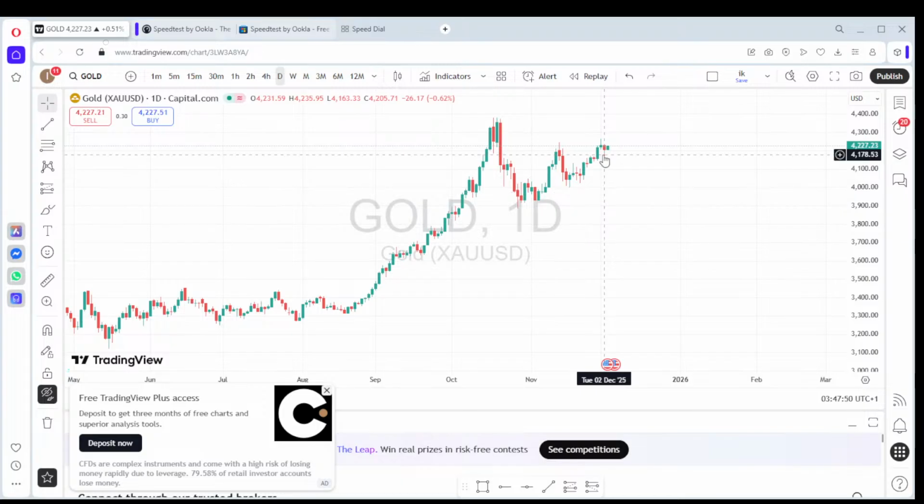But if you look at what has happened, we just have a situation where it powerfully rejected. In fact, more than half of the candle is a rejection. And that is the reason why you see this bullish start from the market open for Wednesday. See the bullish start because of this rejection.